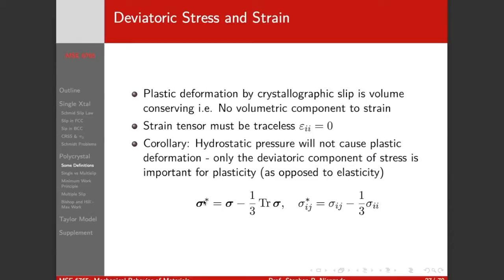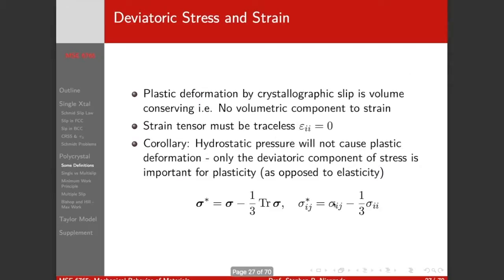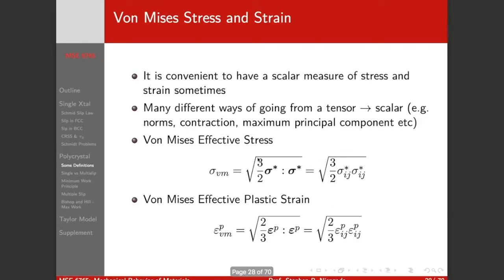So we define the deviatoric as just the stress minus 1/3 of the trace of sigma times the identity tensor, right? So the deviatoric is a traceless stress. It's a pure shear stress in some reference frame. Okay? So that's just a definition that we're going to use.